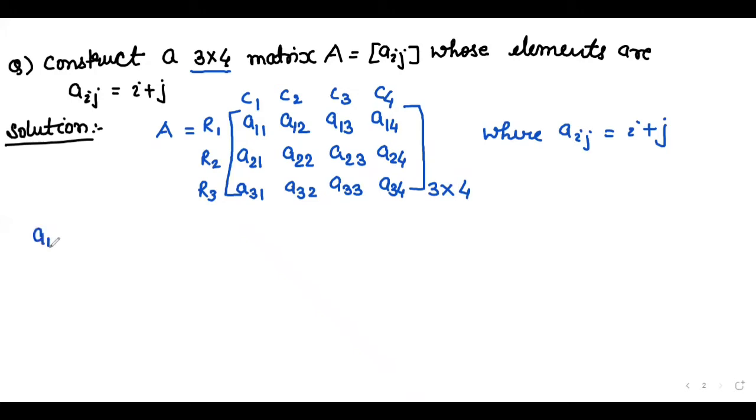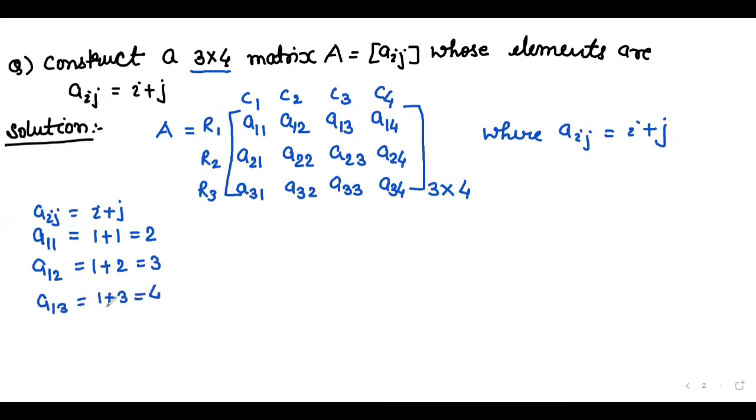The first element is A11. We apply the values of i and j in the pattern i plus j. Here i is 1, j is also 1, so we get 2. Then A12: i is 1 and j is 2, so it is 3. Then A13 is 1 plus 3, that is 4. A14 is 1 plus 4, that is 5.